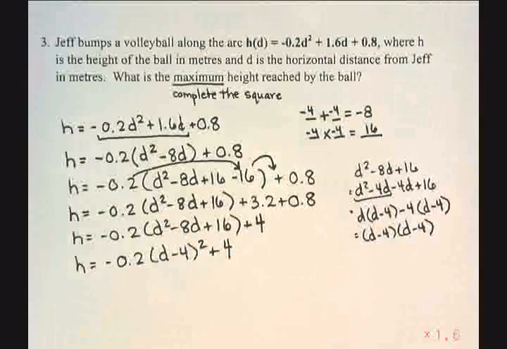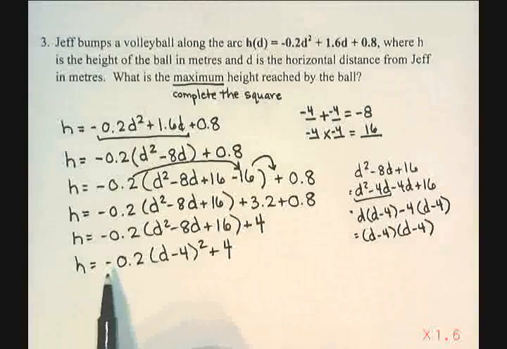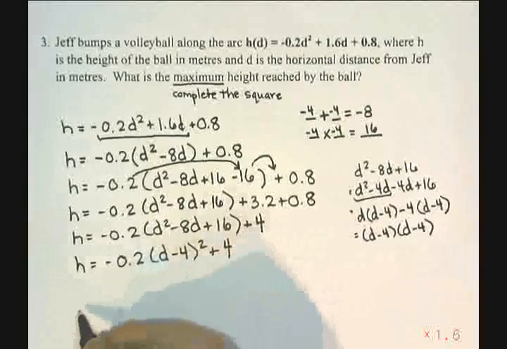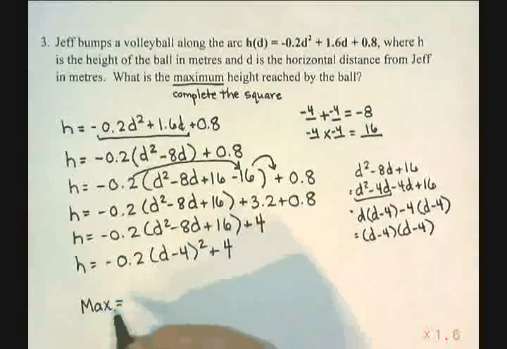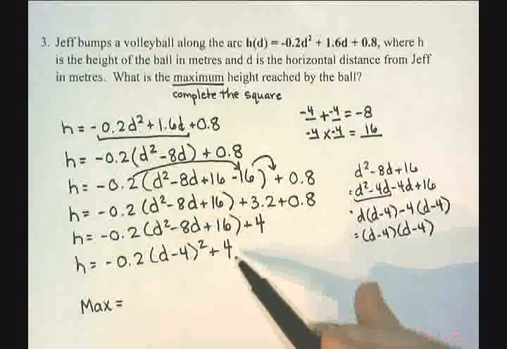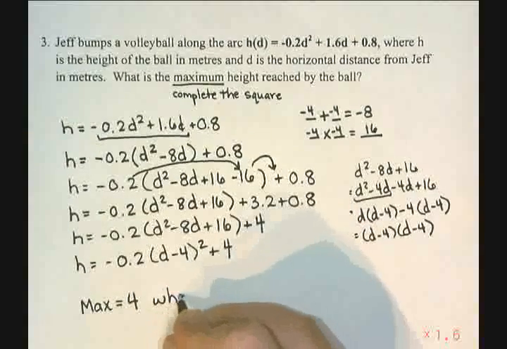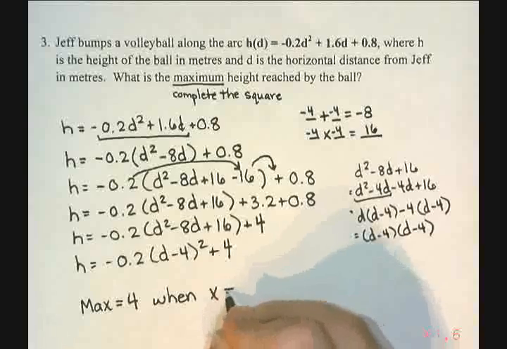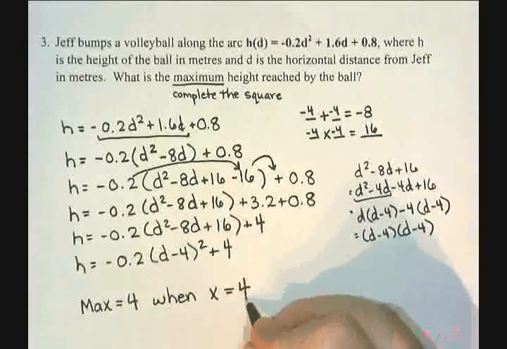So I end up with negative 0.2 times (d minus 4) squared plus 4. Since there's a negative sign in front, that tells me the parabola is upside down, so it has a maximum. And the maximum value will be this number here, so 4, when d equals, and it's always the opposite of what you see in the bracket, so positive 4.